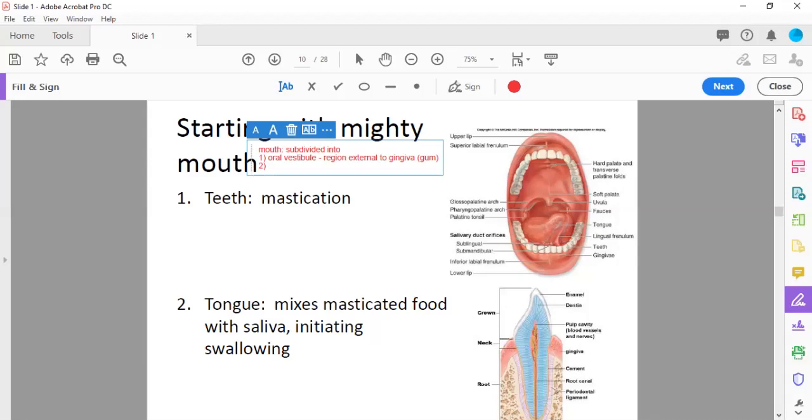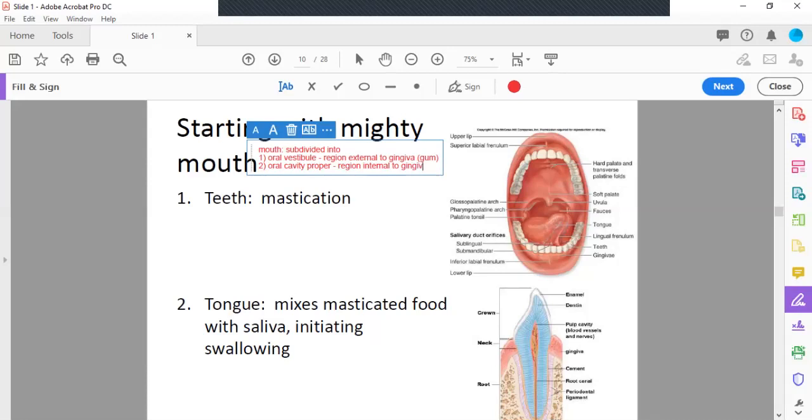Now, the next region is known as the oral cavity proper, defined as the region internal to the gingiva, and that's what we often refer to as the mouth. A lot of people, when they use the word mouth, they think of the region called the oral cavity proper.